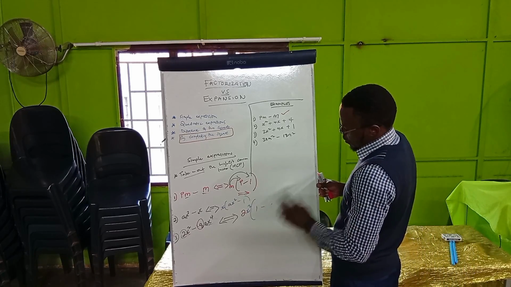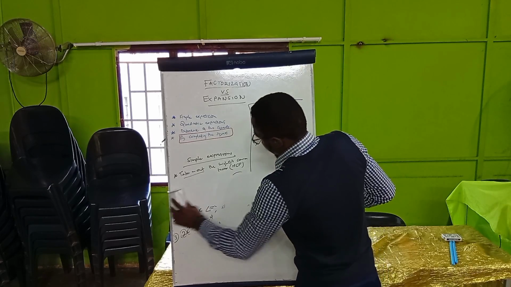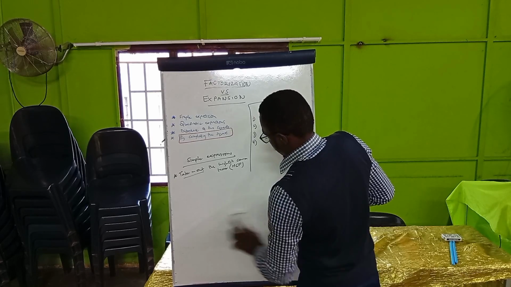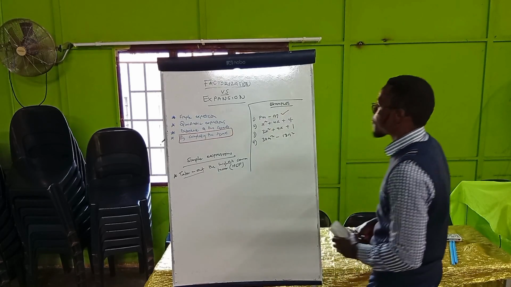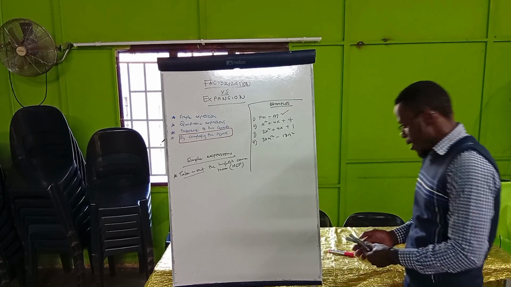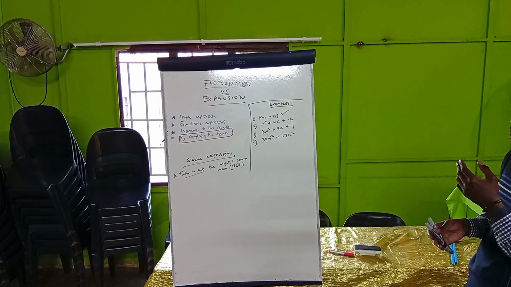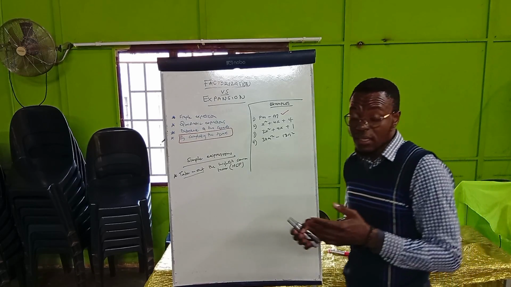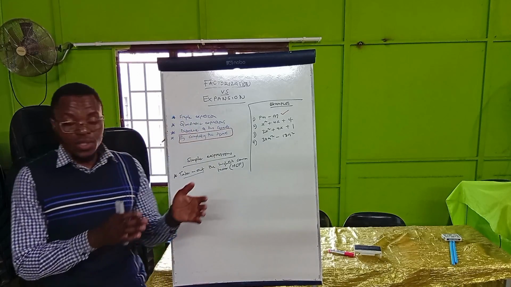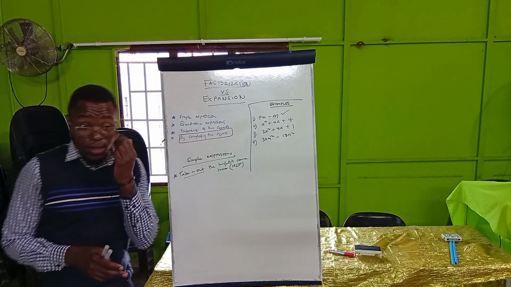So the next part which I want to demonstrate now is how we can factorize quadratic expressions. Maybe before we factorize quadratic expressions, notice that I did mention that the opposite of factorization is expansion, and the opposite of expansion is factorization.